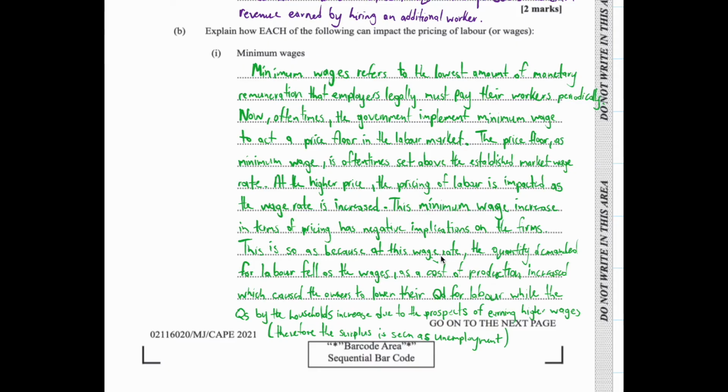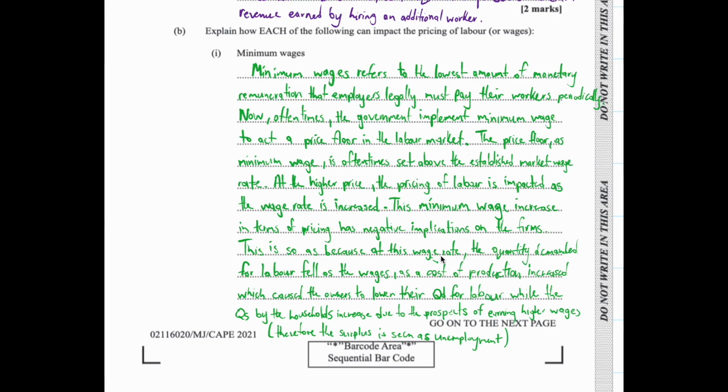This minimum wage increase in terms of pricing has negative implications on the firms. This is so as at the wage rate, the quantity demanded for labor falls as the wages as a cost of production increased, which caused the owners to lower their quantity demanded for labor while the quantity supplied by the households increased due to the prospects of earning more wages.